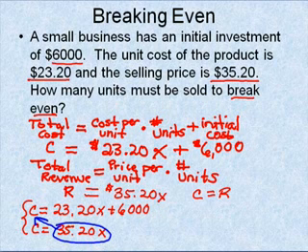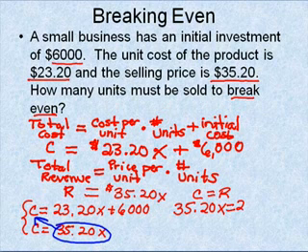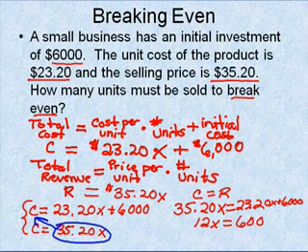Then we get 35.20x is going to equal 23.20x plus 6,000. Subtract 23.2x from both sides, and that's going to give us 12x equals 6,000, which means in order to break even, we need to produce 500 units.